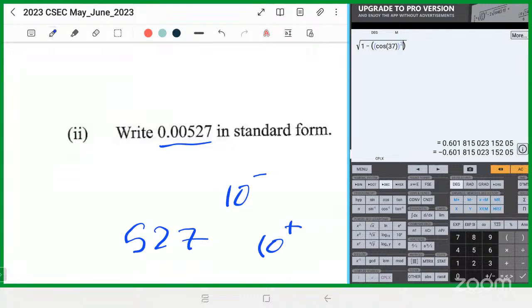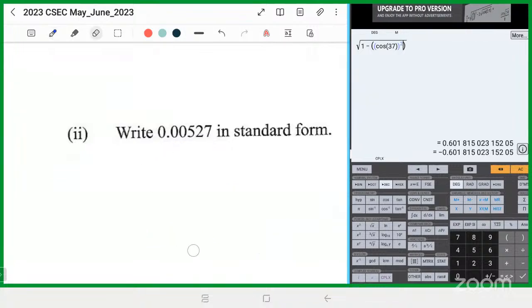In standard form, you have 1 non-zero digit before the decimal point, multiplied by 10 to some power. So we're going to adjust this number. We want this decimal point to move 3 places to the right. How do we do that? We multiply by 10 cubed.